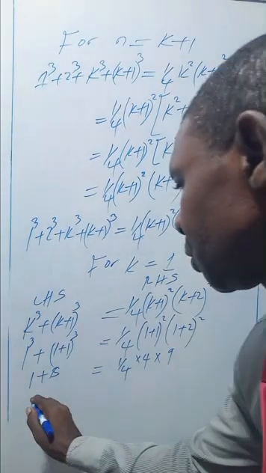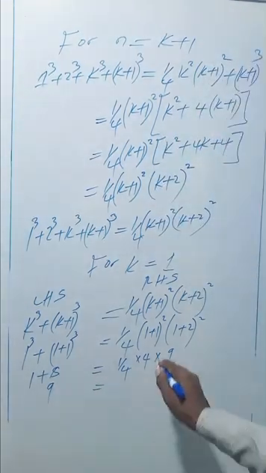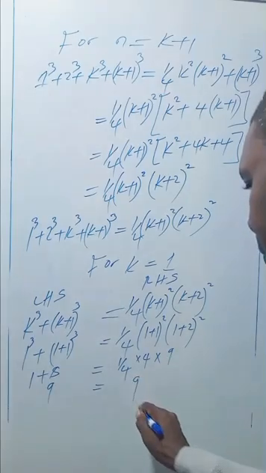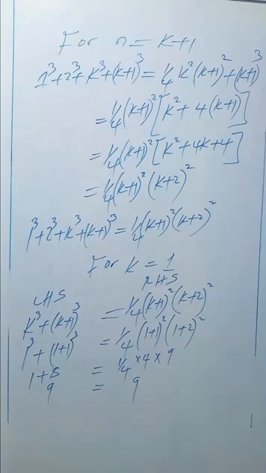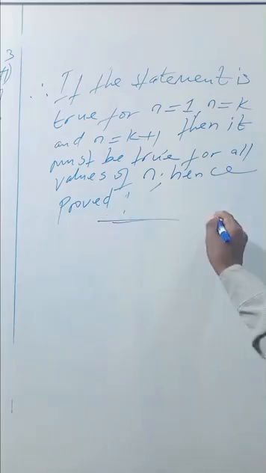So the left-hand side we are getting 9, and the right-hand side we are also getting 9. So what does it mean? It means that our statement is valid for n equals k plus 1. So if the statement is true for n equals 1, n equals k, and n equals k plus 1, then it must be true for all values of n, hence proved.